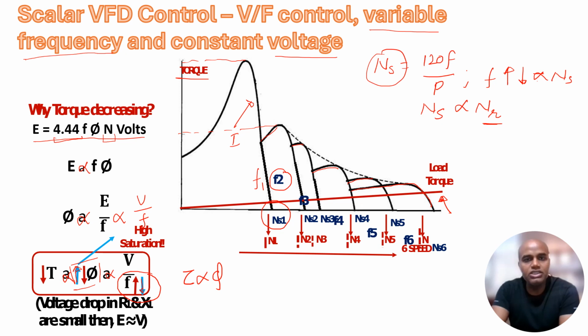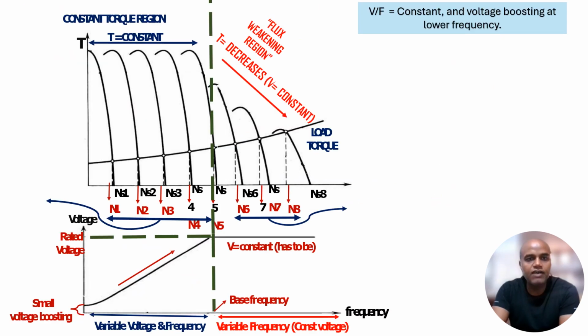So to overcome this requirement, we have the other method, which again comes under the scalar method, and it is the only method nowadays being used, which is where V by F remains constant. So the ratio, instead of only frequency, the V by F is going to remain constant. Why?